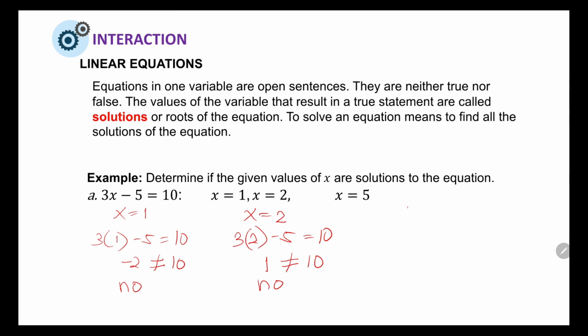And for x equal to 5, we have 3 times 5 minus 5 equals 10. And 3 times 5 is 15, minus 5 is 10, which is equal to 10. So x equals 5 is a solution to the given equation.